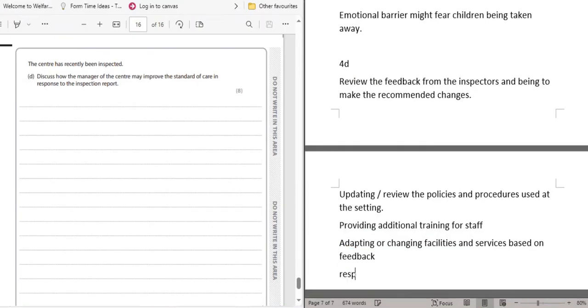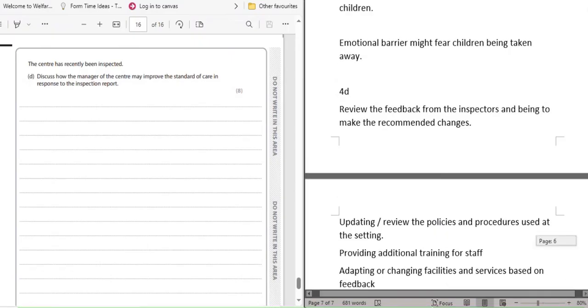And maybe responding to feedback from users and staff. Again, this is what I'm going to go with, and we'll see how that fares against the mark scheme.